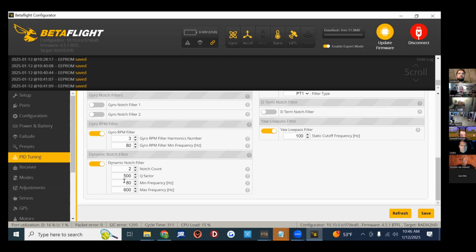So filtering is all about optimizing the tools that you have to try to minimize the amount of filter delay, but dampen as much of the noise as possible. So it's a trade-off, right? There's a trade-off between how clean you want the gyro versus how much delay you're willing to accept. All right.